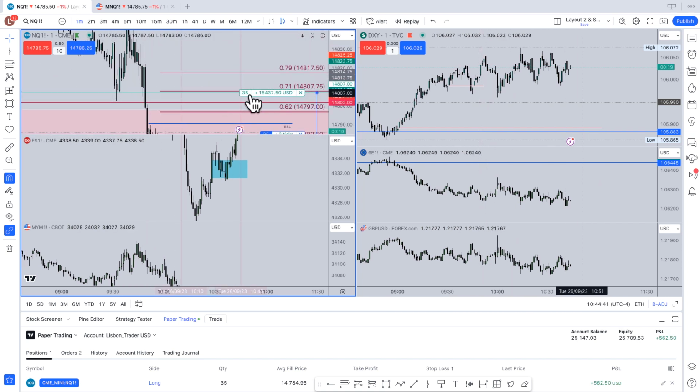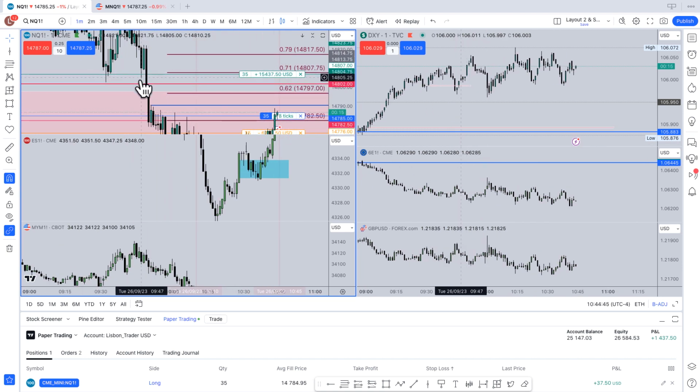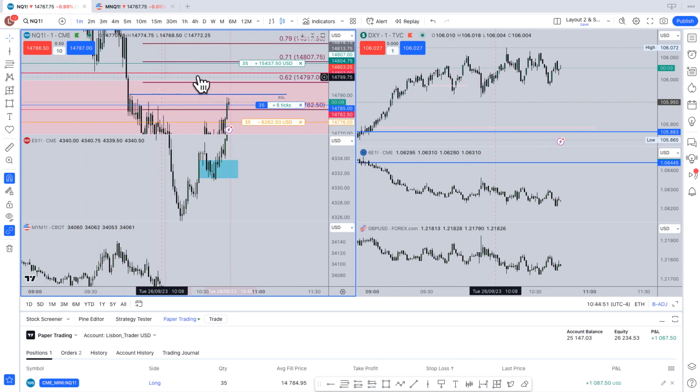There. A little bit below this constant encroachment of this wick, and below the order block. This is where I want to go out.